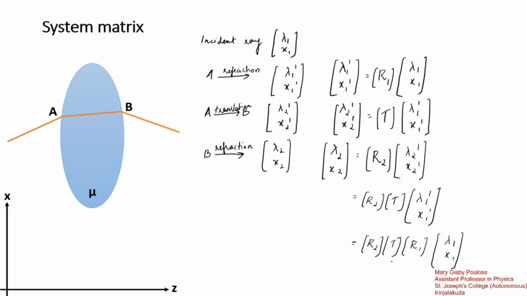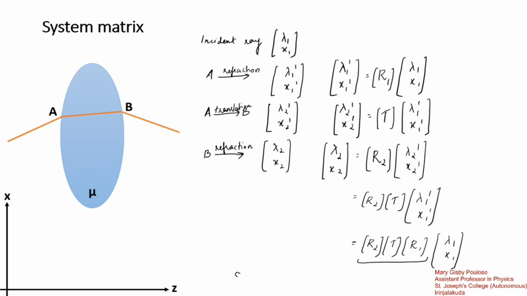The translation matrix can be written again thus. We see that the product form matrix R2 product matrix T product matrix R1 gives the matrix form of this lens.